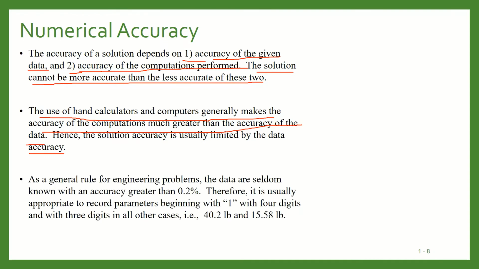So as a general rule for engineering problems, the data are seldom known with an accuracy greater than 0.2%. So generally up to this 0.2% you know the data accurately. Therefore, it is usually appropriate to record parameters beginning with 1 with 4 digits and with 3 digits in all other cases.